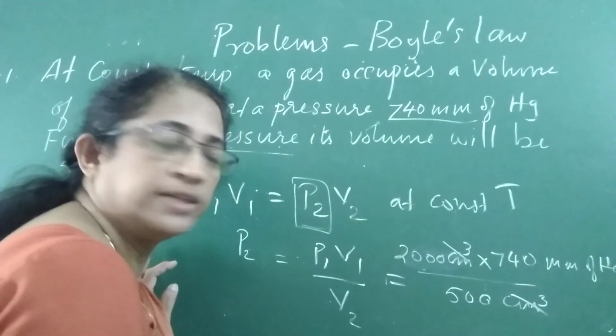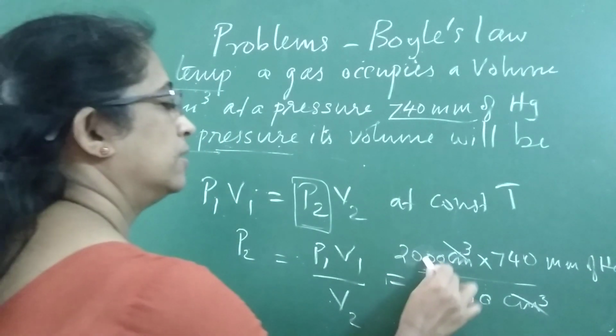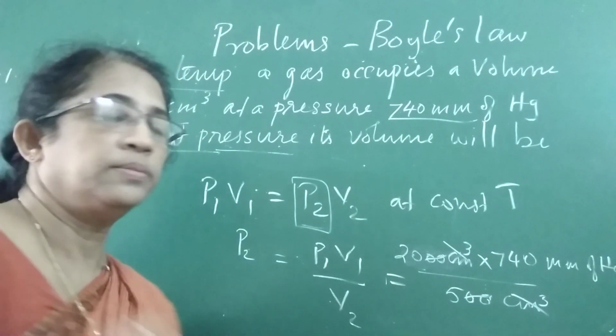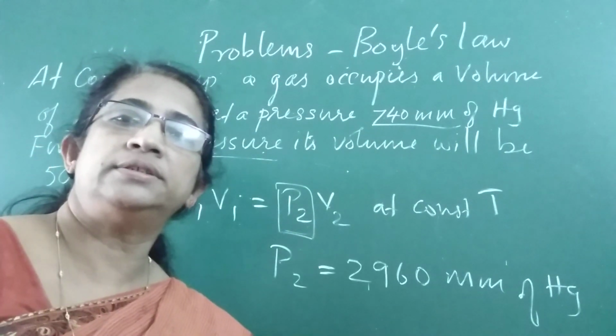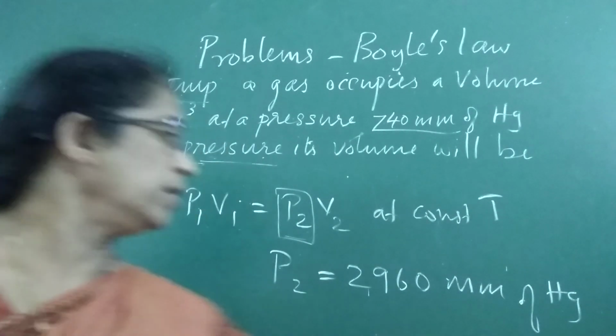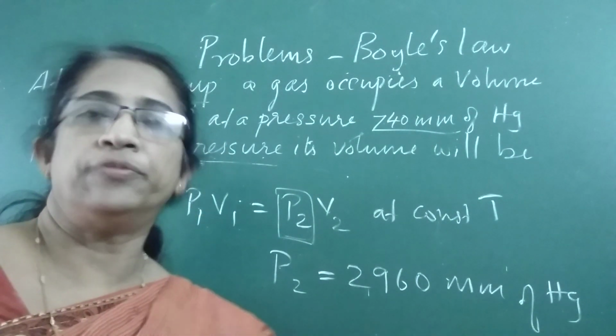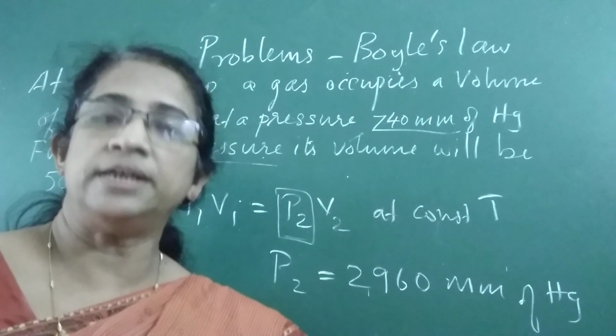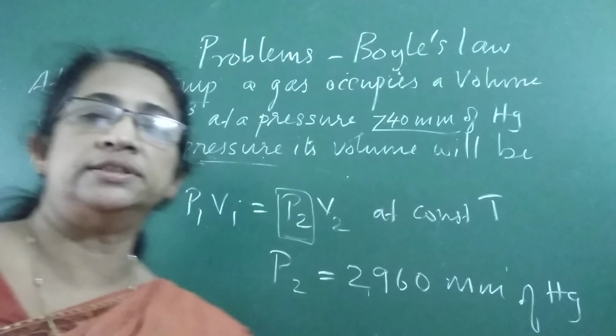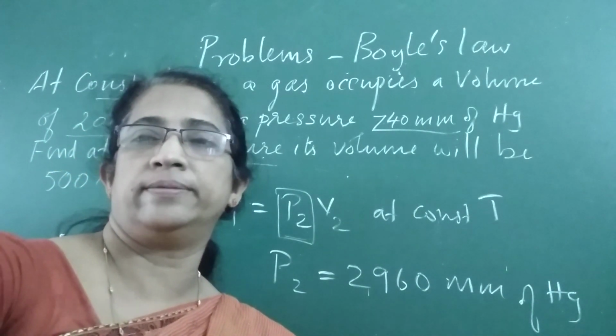Cancel out the same units. Then after solving, the answer is 2960 mm of mercury. Write the result: the final pressure P2 is equal to 2960 mm of mercury.